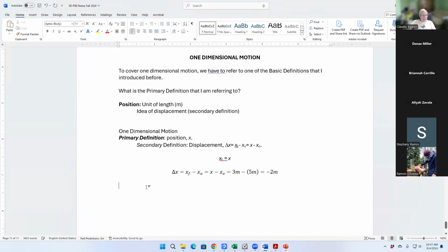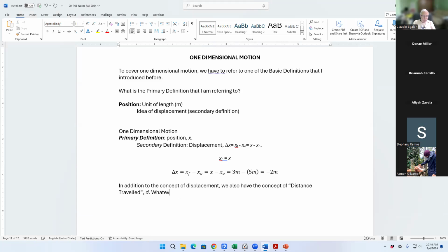Okay, in addition to the concept of displacement, we also have the concept of distance traveled, which I denote by the letter D. Okay? Distance traveled.